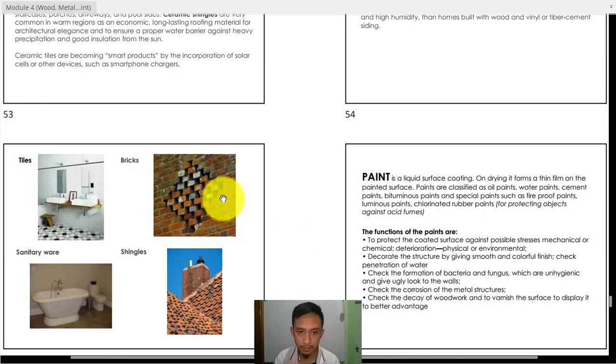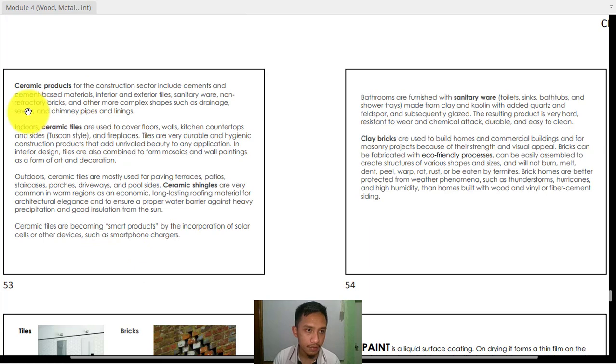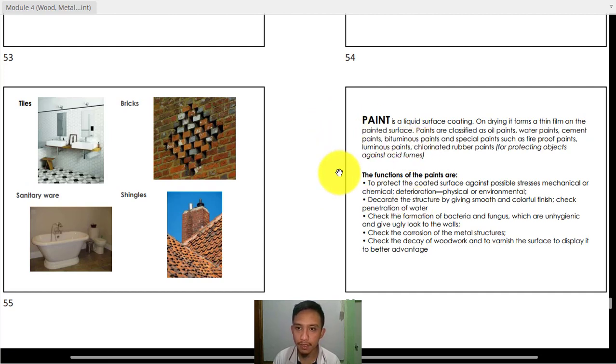Okay, so these are the types of the materials which are under ceramic products. Okay, you can read about that. So paint, we have here also what we call paint. Paint is a liquid surface coating. On drying, it forms a thin film on the painted surface.